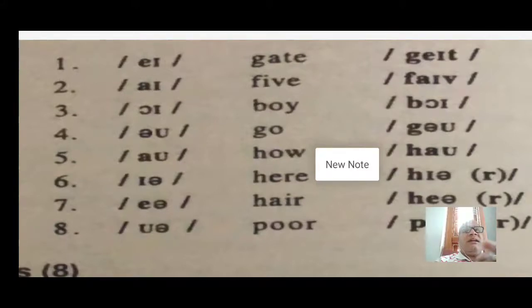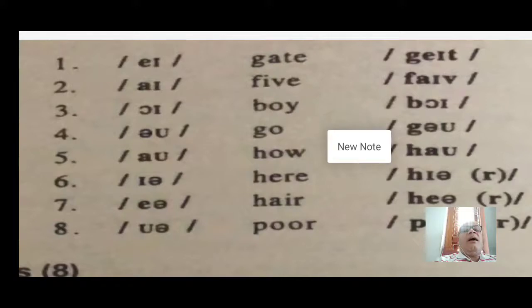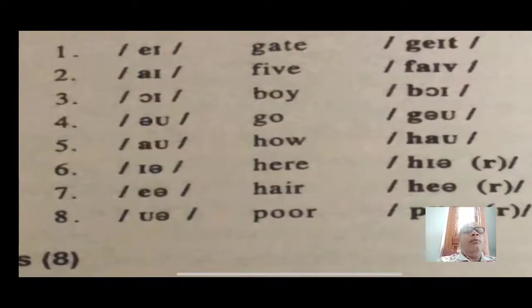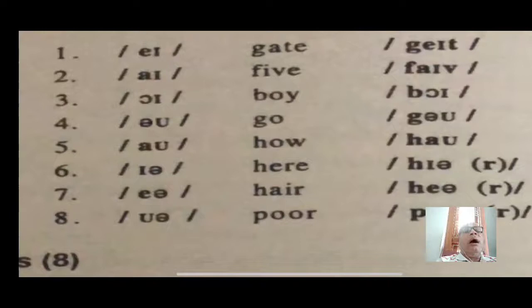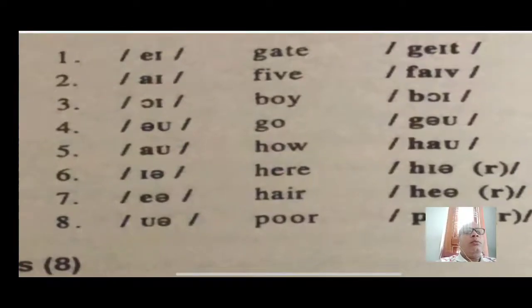The first, that's starting with E, but as per phonetic transcription, it is A, E. Gate, we are saying gate, but it is gate. The next, I, we are saying, but it is I, that you can see in phonetic transcription. Then oi. Then ow, that we are saying O, but it is ow. Next, the fifth one is how, ow.